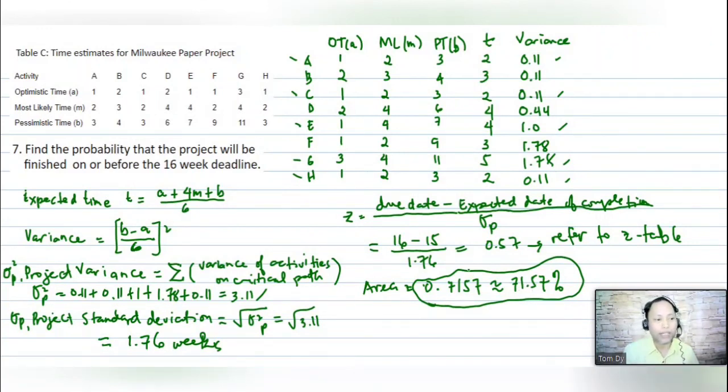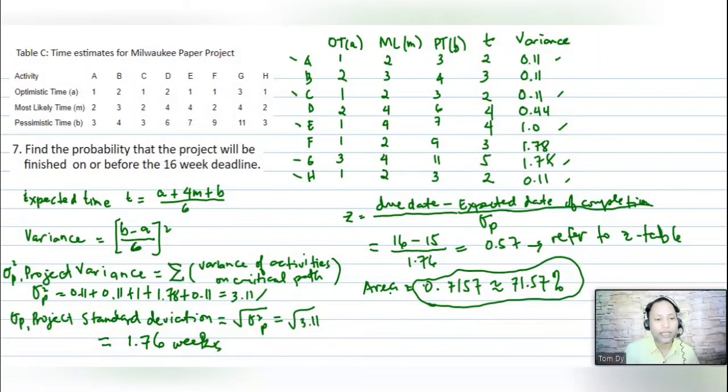This implies that there is a 71.57% chance that the pollution control equipment can be put in place in 16 weeks or less.